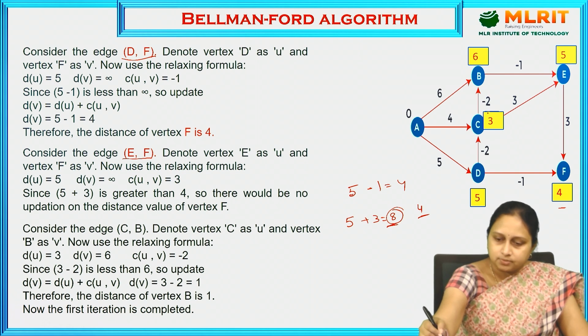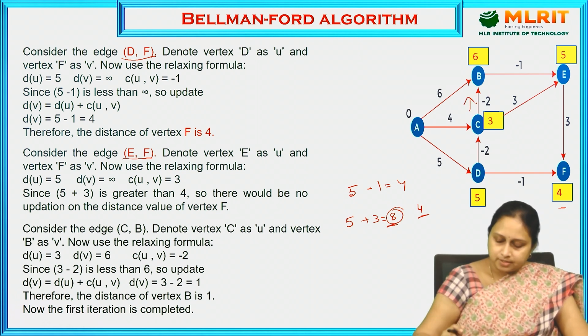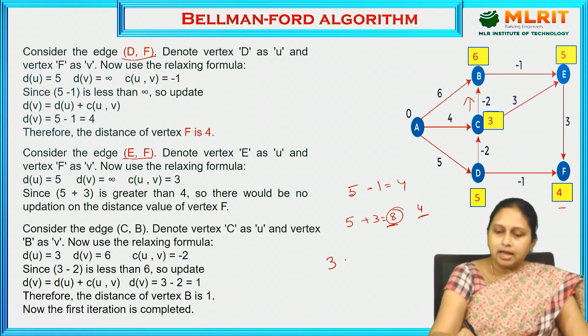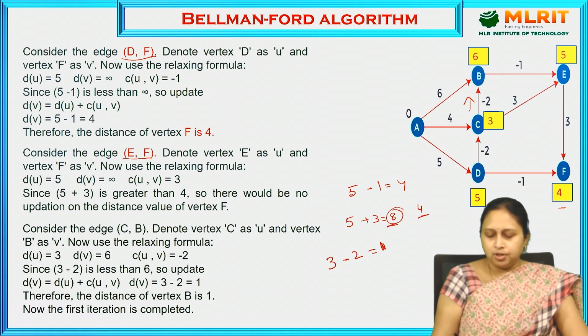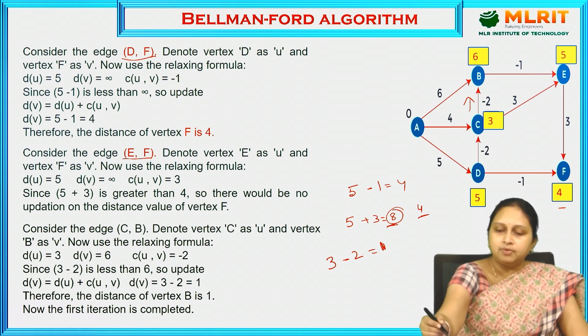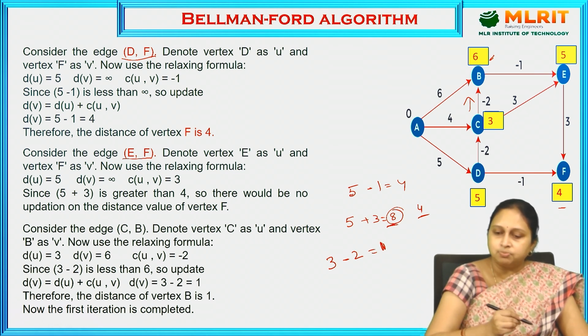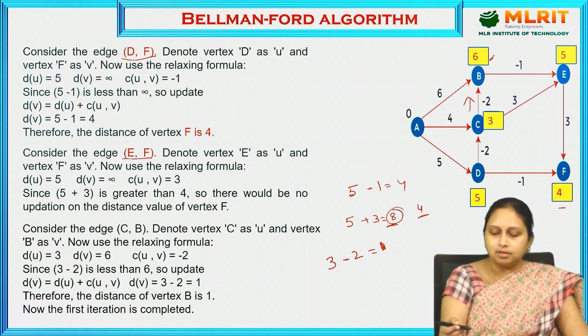This one. C to B. But C is having 3 and the cost of C to B is minus 2. So, we are going to get the value as 1. When I am doing this, I need to replace. Already we have the value for vertex B as 6, but it is greater than 1. The minimum value for this is 1.